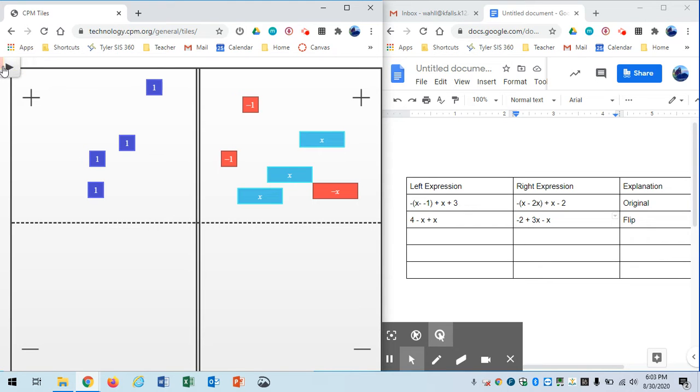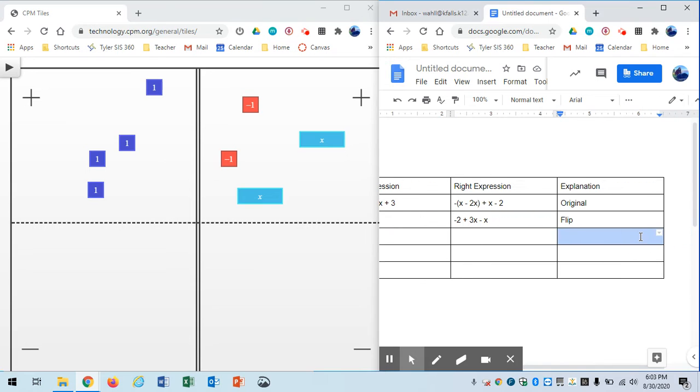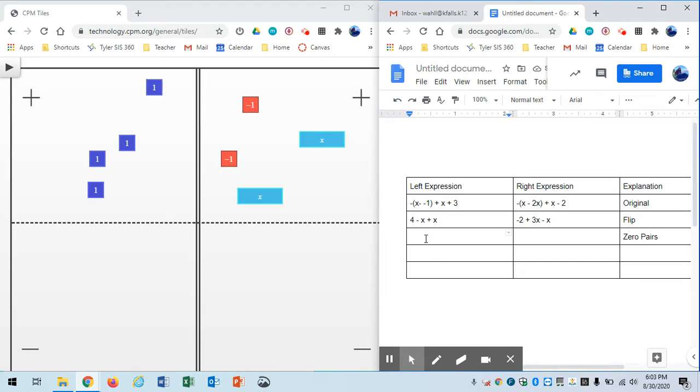On this app here, I can put them aside though. And remember that is called zero pairs. So now I'm going to write down the expression on each side, which on that side is simply 4, and on this side, simply 2x minus 2.